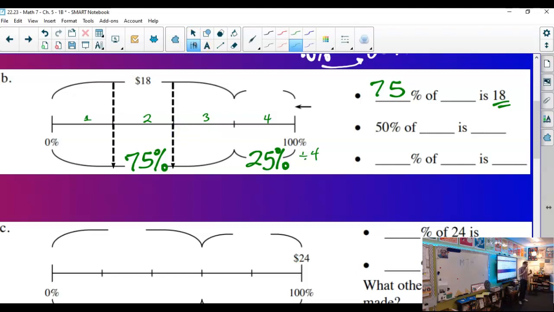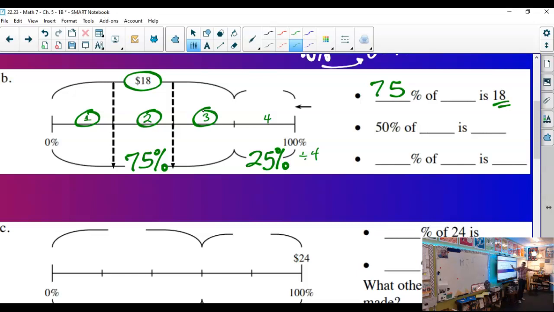Wait, Max, you want to go for it? Yeah, I want to go for it. So what I did is I divided 18 by 3, which got me 6. And so basically for the extra 25%, I just added 6 and I got 24. That 18 is 3 regions, and we need to figure out what is one of them worth.